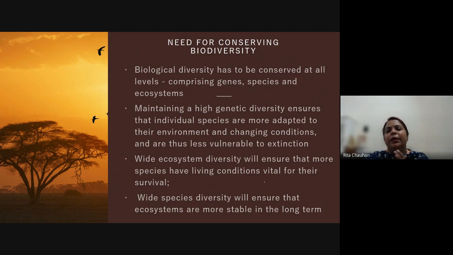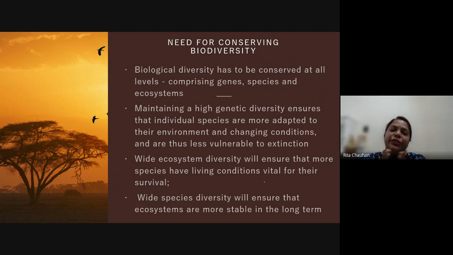For example, if we see a particular crop species like the rice plant, we should have lots of varieties of rice plants.